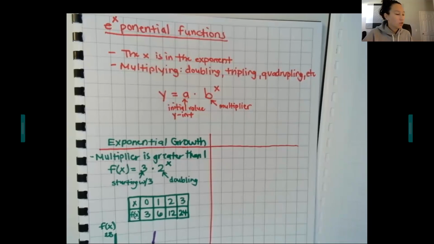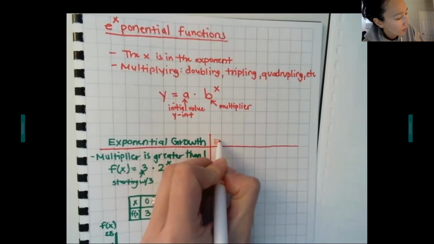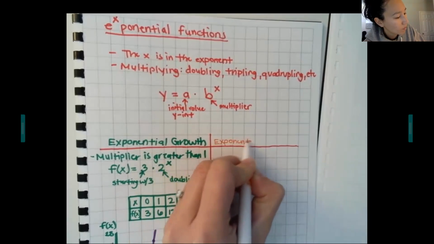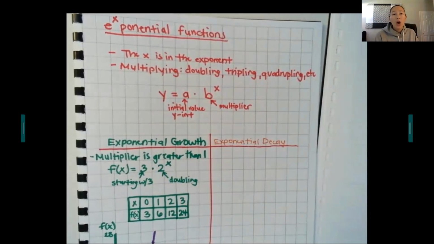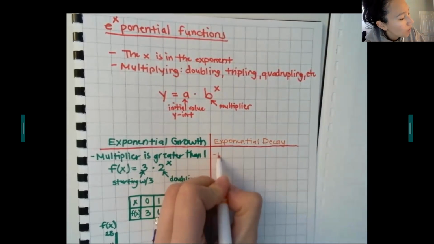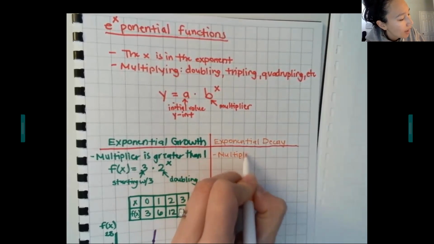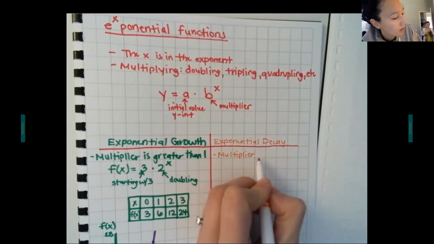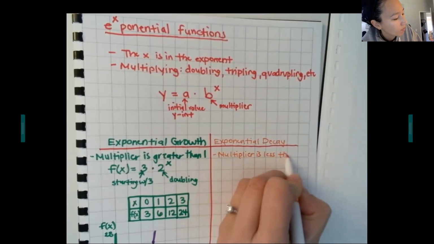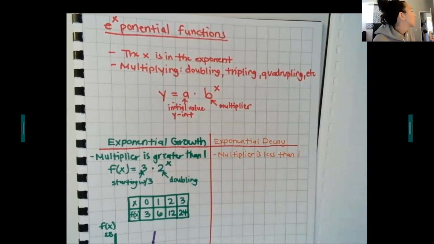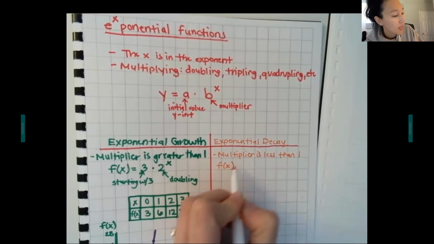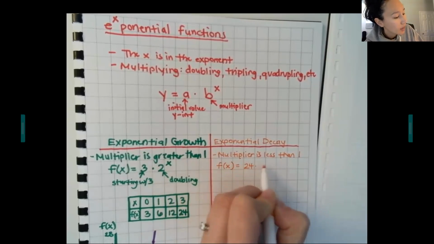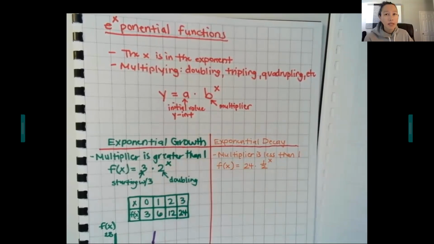Okay, so exponential decay. We know it's decay when the multiplier is less than 1, just like we had 1/2 to the x. So say we have something like f of x equals 24 times 1/2 to the x power.